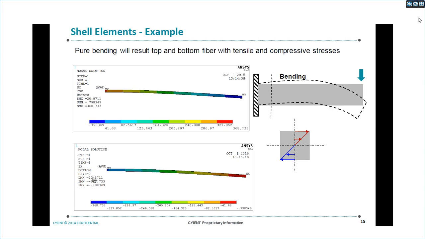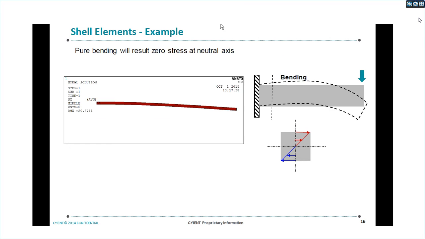Similarly, for Sx at the bottom fiber, we got a perfectly reversed compressive stress of 368.733. This is completely pure bending, and there is no other stress at all. Okay, this is the example of pure bending.